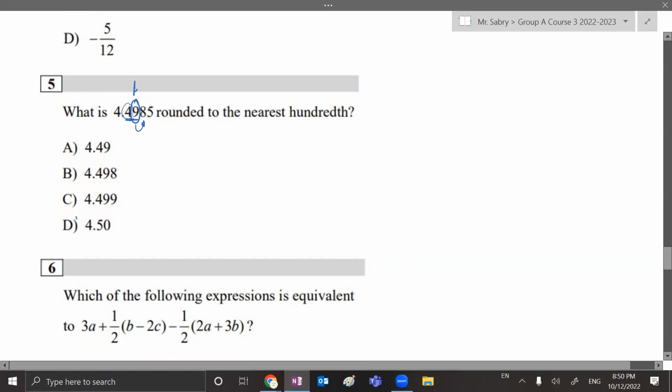So the answer in this case is D. Again, the 8 will increase the 9 to become 10, and the 10 will increase the 4 to become 5. So it ends up becoming 4.450. Any problems there?